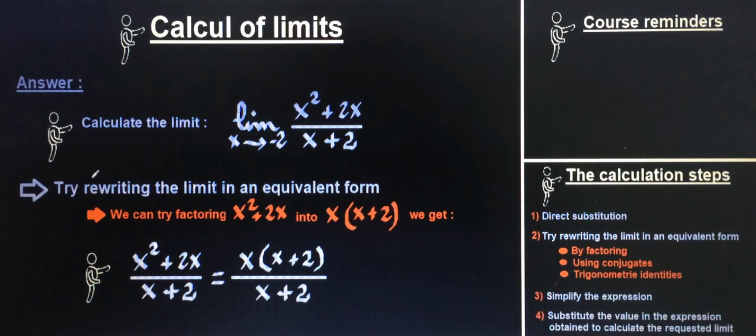Step number 2, try rewriting the limit in an equivalent form. We can try to factor the numerator x squared plus 2x into x times x plus 2. So, the expression x squared plus 2x divided by x plus 2 becomes x times x plus 2 divided by x plus 2.